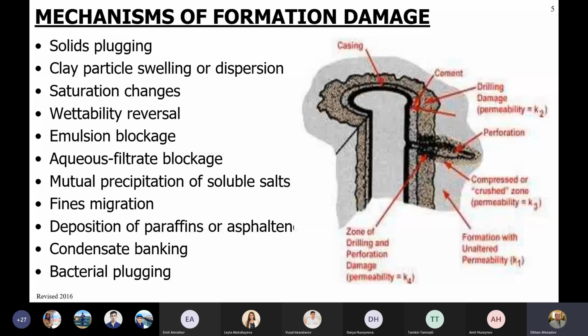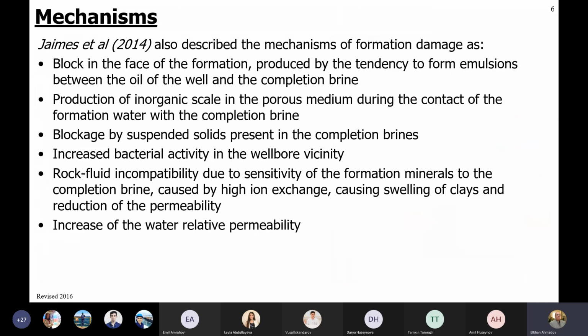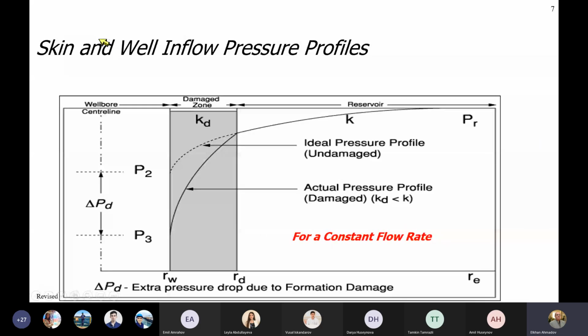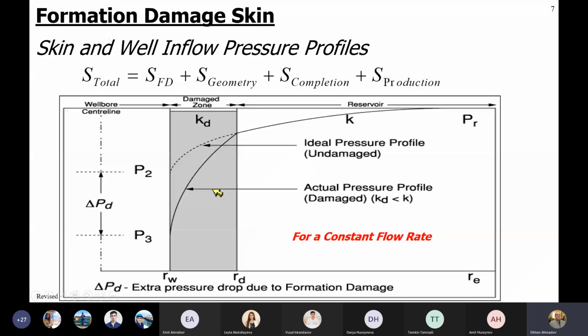So what is the working mechanism for each, and we considered what skin is in the wellbore, what the effect of skin is, and what the components of skin are.